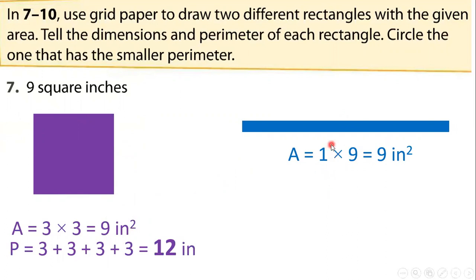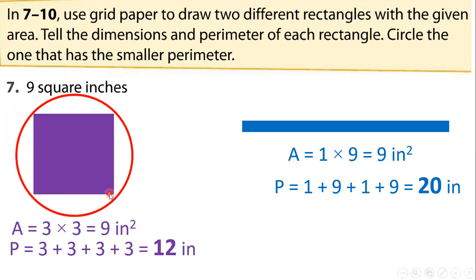So the perimeter of the blue rectangle here is 1 plus 9 plus 1 plus 9 equals 20 inches. Which rectangle has the smaller perimeter? This one here, the purple one, because 12 is smaller than 20.